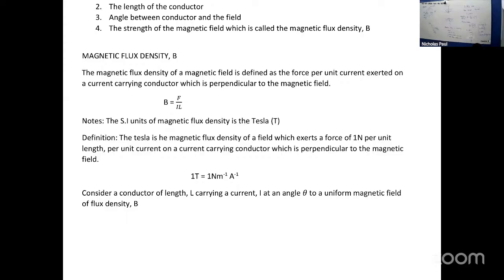You're still getting marks; it's not wrong, it's the formula in words. I say perpendicular because I'm using F is BIL. If you're using F is BIL sine theta, then you don't need to say that. So say one more time: force acting per unit current per unit length.